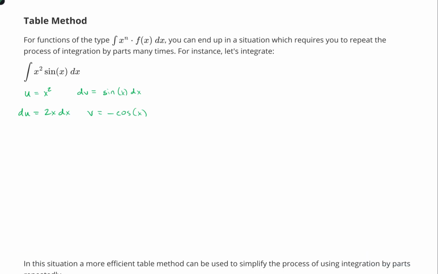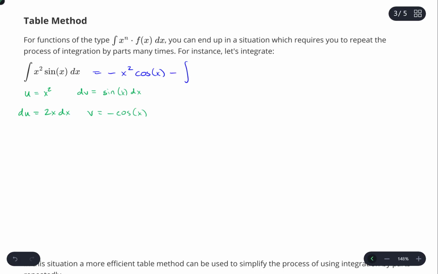Okay, now if we apply integration by parts, then our formula, of course, says take u times v, so this would be negative x squared cosine of x minus the integral of v du. So v being negative cosine of x and du 2x dx.